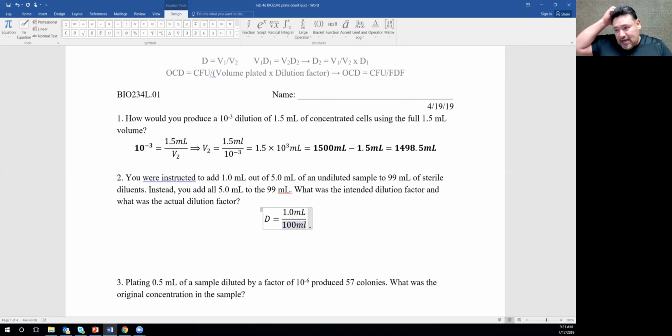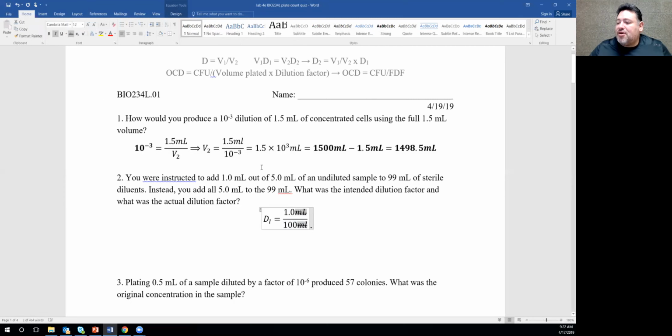So what I'm going to do is the author wants us to distinguish between the intended and the actual. So I'm going to put a little subscript on this D and call it the I, the intended dilution factor, because this is what we're trying to achieve. We didn't achieve it. That's what we're trying to achieve. Notice that the milliliters cancel. Okay, so milliliters in the top and milliliters in the bottom cancel, and that makes sense because a dilution is really a pure number. Okay, so now what?